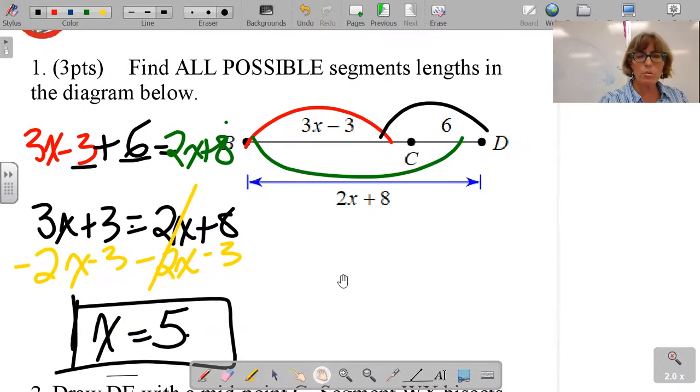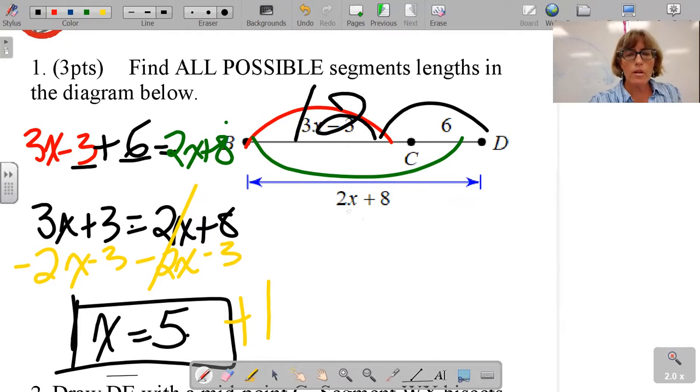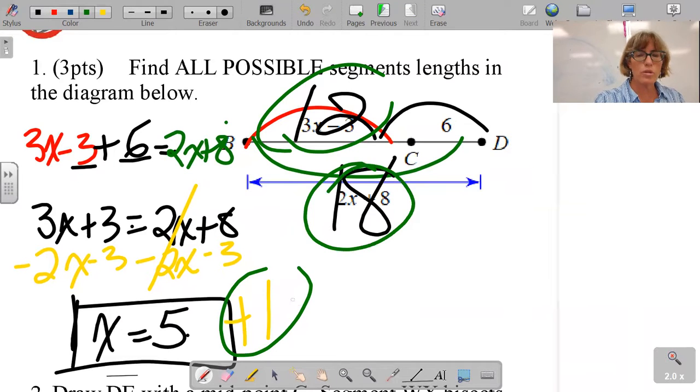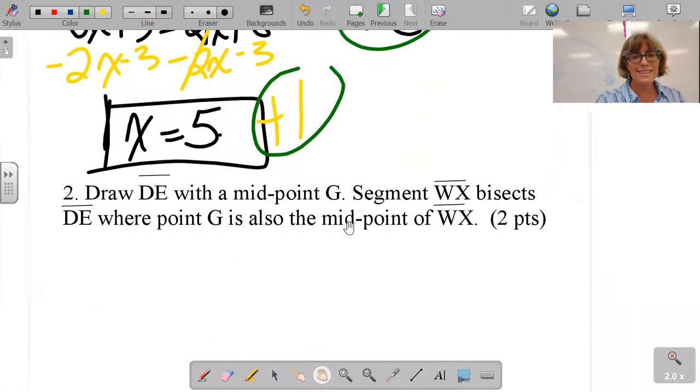And we come up here, that's worth 1 point. And then 3 times 5 is 15, minus 3, that's 12. 2 times 5 is 10, plus 8, of course this is 18, and then 12 plus 6 is 18, there's your check. So plus 1 for this, plus 1 for that, plus 1 for that, 3 points total.